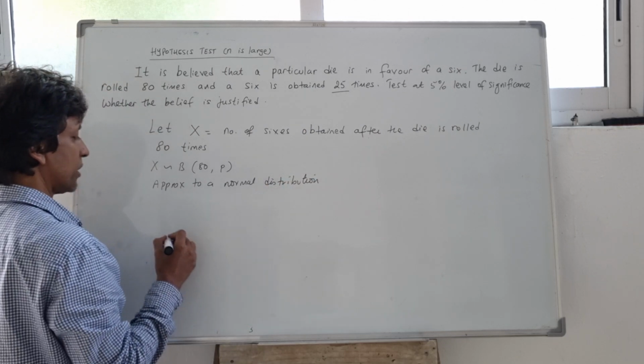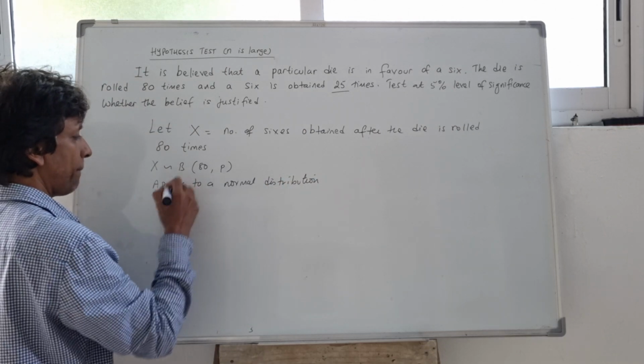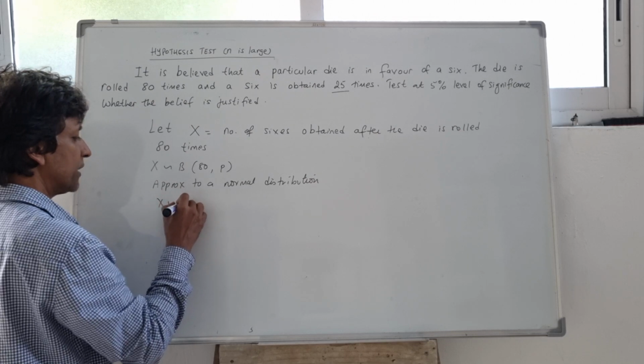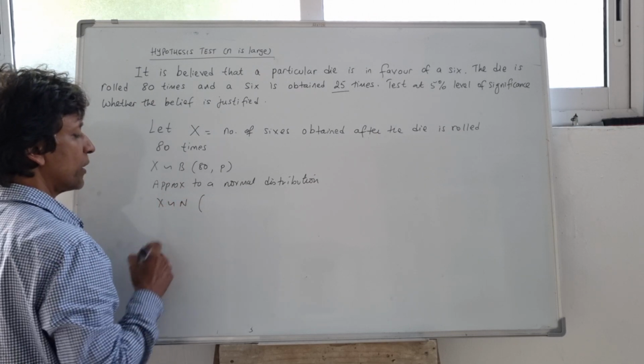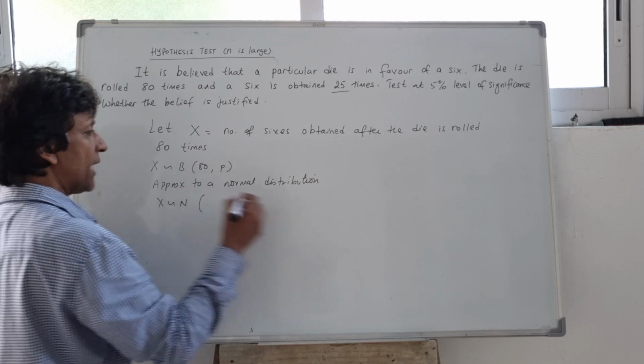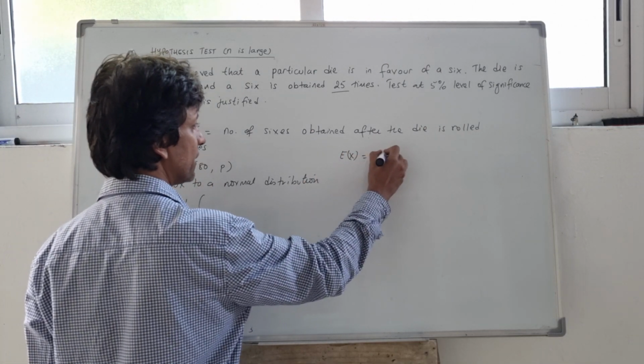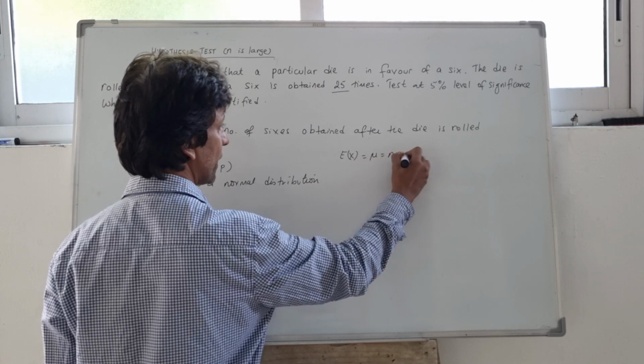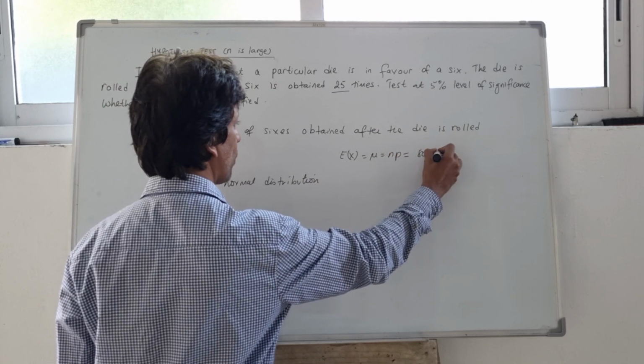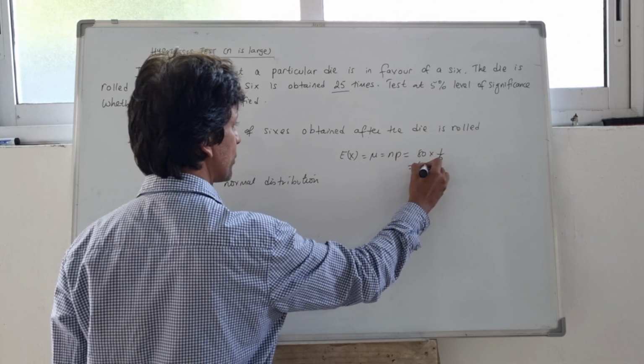So for a normal distribution, I need my mean. So x is now normally distributed. The mean is equal to np, because we know that E of x, which is the mean, is equal to np, and that is 80 multiplied by 1 over 6, which gives me 40 over 3.